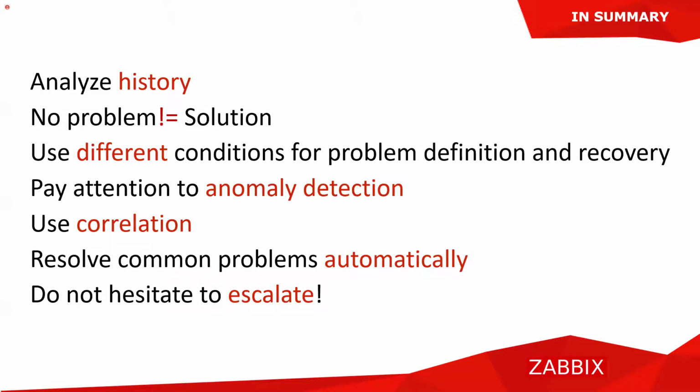So let's summarize everything that we have heard today. Don't forget to analyze history. Of course, there's no point maybe in analyzing history for a month, but again, it depends on what the metric is and how often it changes. But overall, sure, analyze the history to make the alarms as precise as possible.